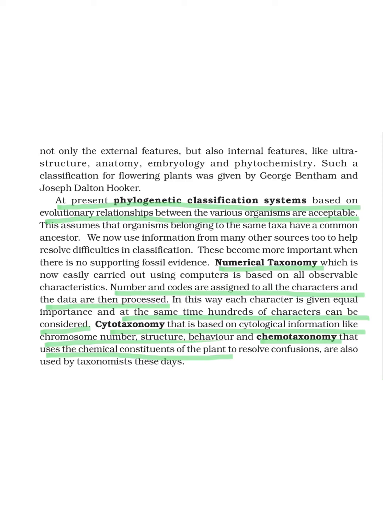In this way, every character is given equal importance and hundreds of characters can be considered at a time. The next method is cytotaxonomy. Cyto refers to the cell. Here cytological information like chromosome number, structure, and behavior is discussed, and on the basis of that the plants are distributed.